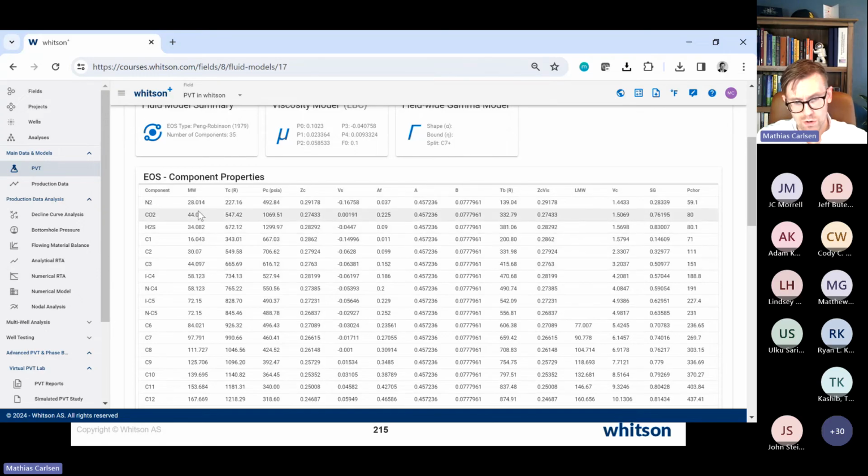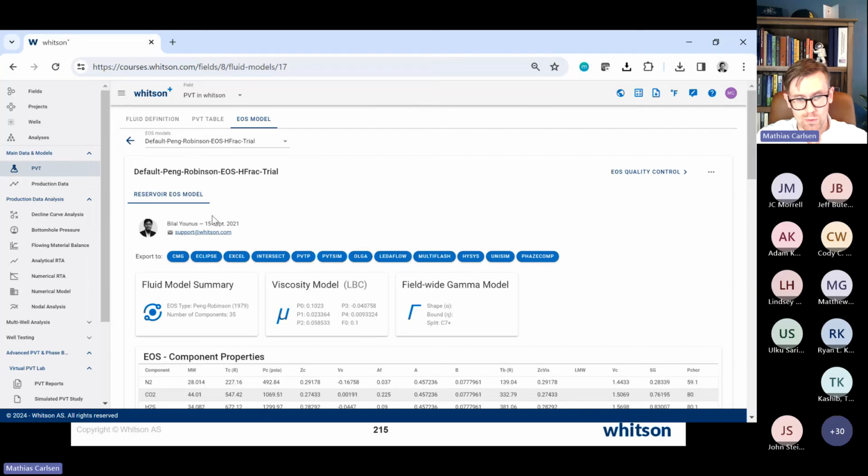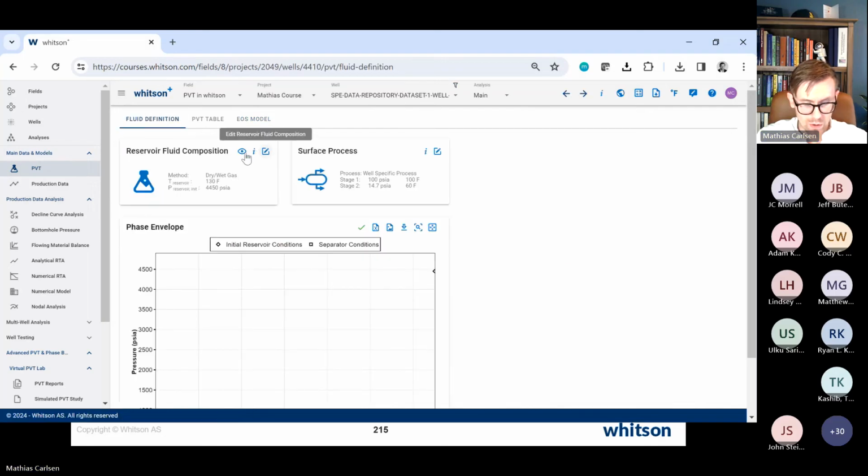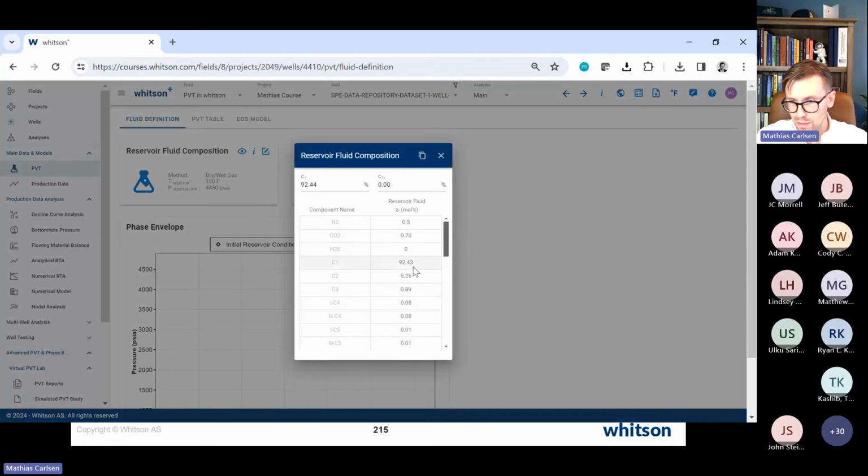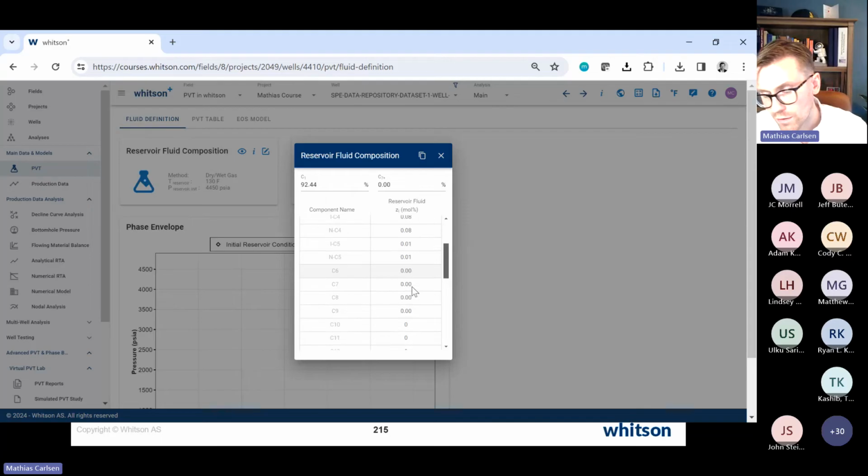We know what the properties are. They're well established, and when you're primarily dealing with fluids that have primarily methane and stuff like this, it's much more predictable than if you are dealing with fluids that have a lot of components that are heavier than C7, etc.